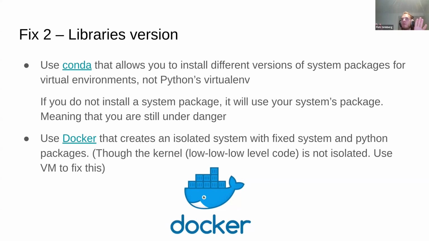One useful example: you're using a server and it has a very old version of OpenSSL, and your company, like security or someone else, doesn't allow you to update this OpenSSL server-wide. But you need OpenSSL updated for your programs. So what you do, you install OpenSSL inside Conda, and you can install any version you want.